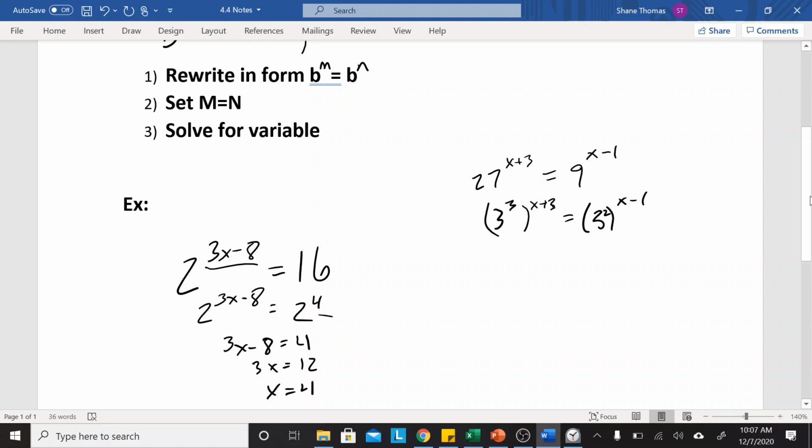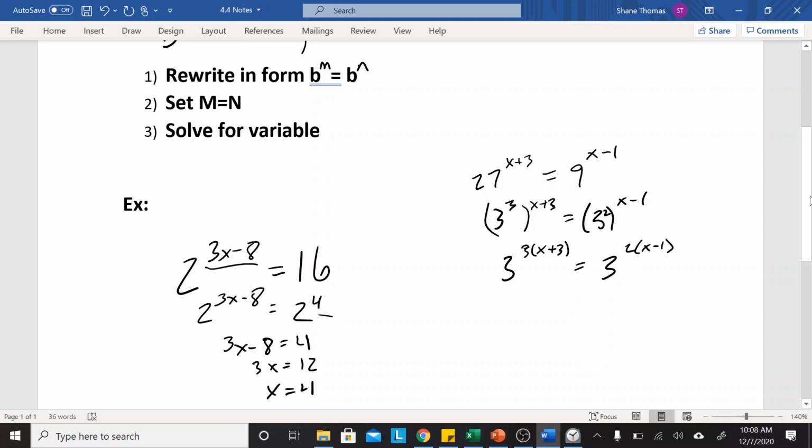It's not quite in the b to the m equals b to the n form because 3 to the third and 3 squared are not the same, right? But I can essentially multiply the exponents, so 3 to the 3 times x plus 3 power and 3 to the 2 times x minus 1 power.